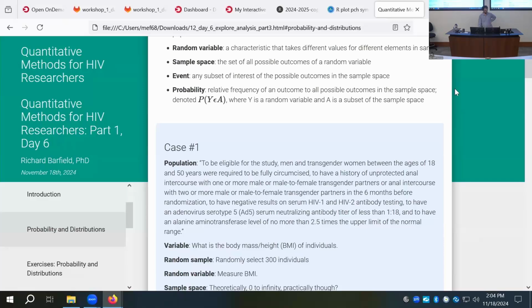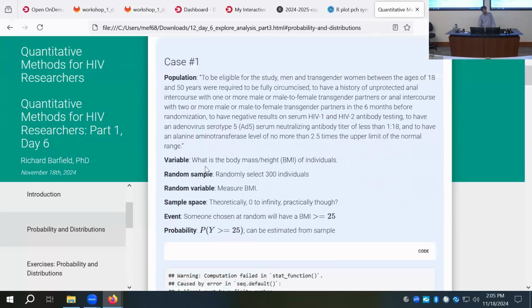They were required to have negative HIV testing and to have an adenovirus serotype neutralizing antibody titer less than 18. And I believe that's to screen for whether they've potentially been exposed to the adenovirus, right? And then to have an alanine aminotransferase level of no more than 2.5 times the upper limit.